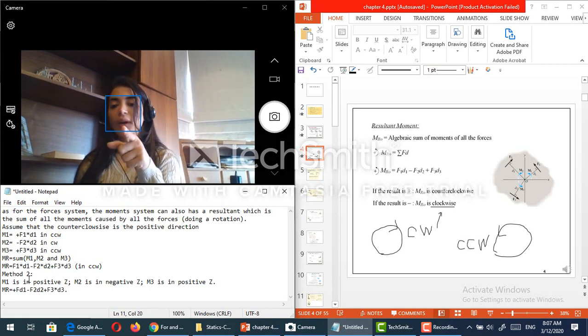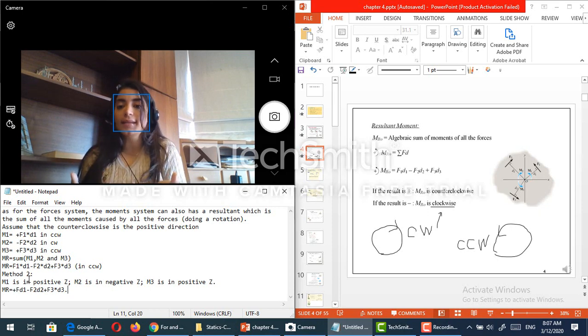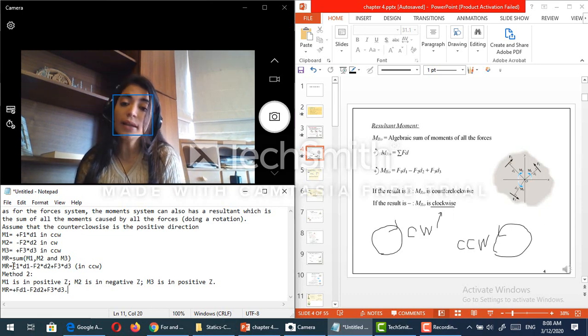I know now that you have a question, and the question is, what if I assume that the clockwise direction is the positive direction? Yes, you can assume this. You can assume here that the clockwise direction is the positive direction, and in this case, M resultant will be equal to minus F1 d1 plus F2 d2 minus F3 d3 in clockwise.